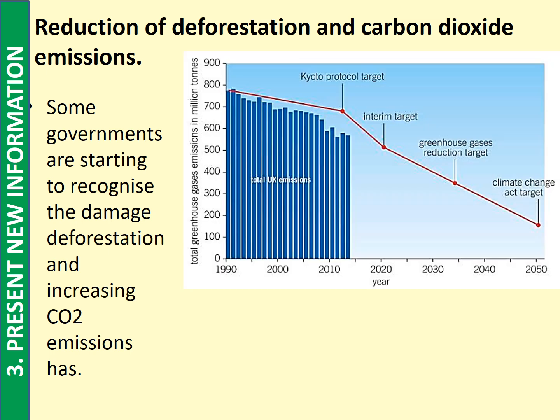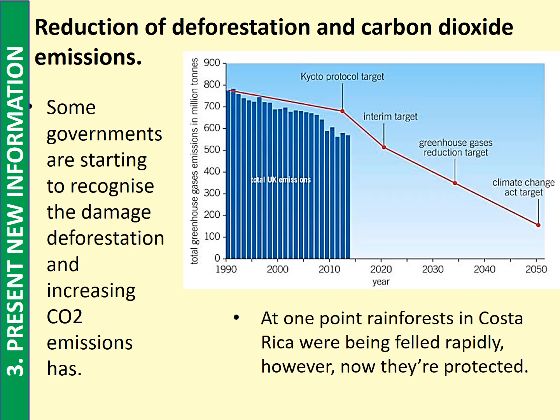Deforestation is probably the most obvious example, and carbon dioxide emissions are kind of all tacked up in that. We're starting to realise that damage is being done as we chop down large areas of forest.